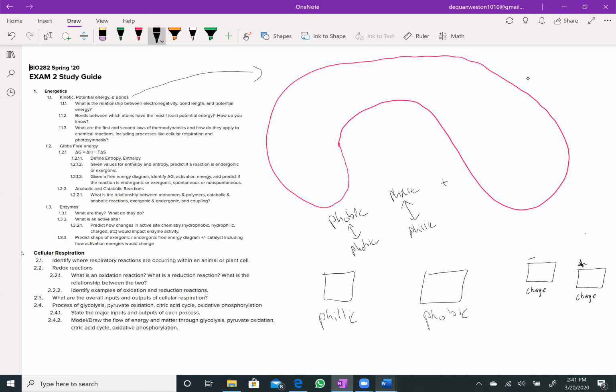And know how to block an active site. Or if you're given a question like, let's say there's this active site that is charged negative and you need to build a protein to fit inside of it that has a high affinity for it. And you're given some options of amino acids. Which amino acids would be best on your protein? You're going to want to pick the one that has the amino acids that are the opposite charge. Or if you have a phobic active site, you're going to want to pick the ones that have amino acids that are hydrophobic.